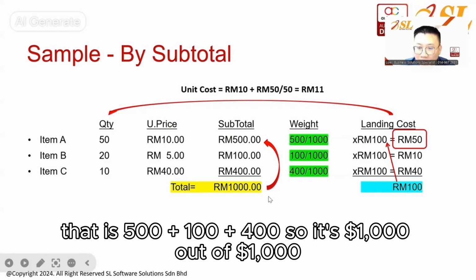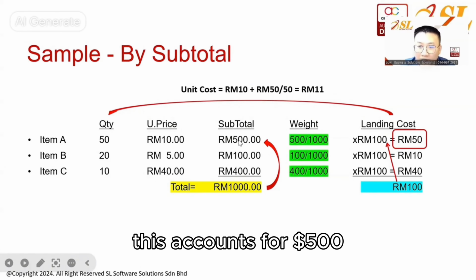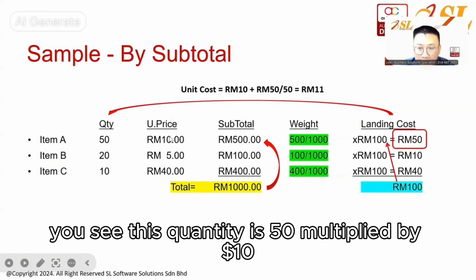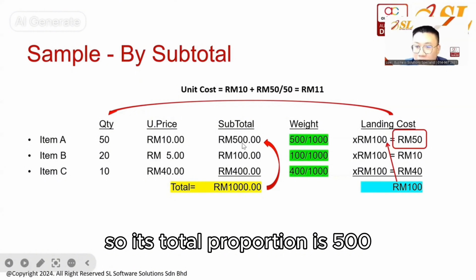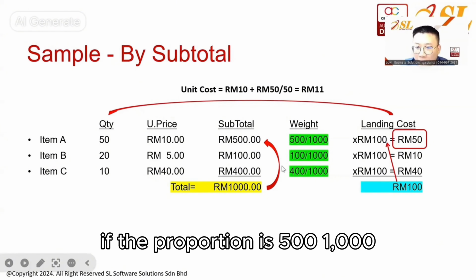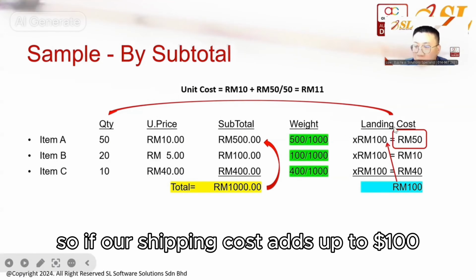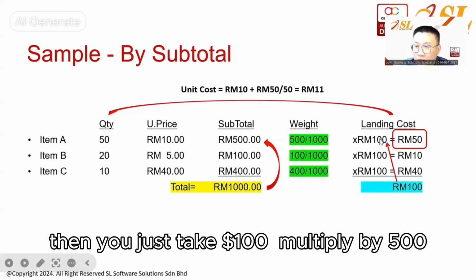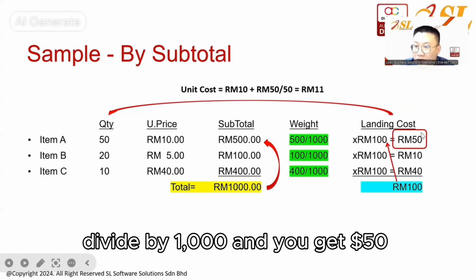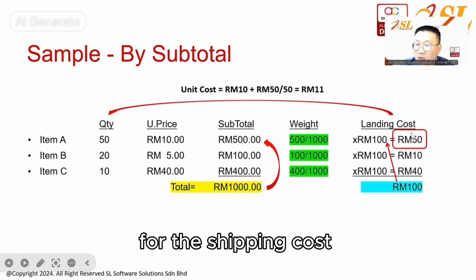Out of $1,000, this accounts for $500, because 50 multiplied by $10 is 500. Take 500 divided by 1,000. So if our shipping cost adds up to $100, you take $100, multiply by 500, divide by 1,000, and you get $50. This is how we distribute the $100 for the shipping cost.